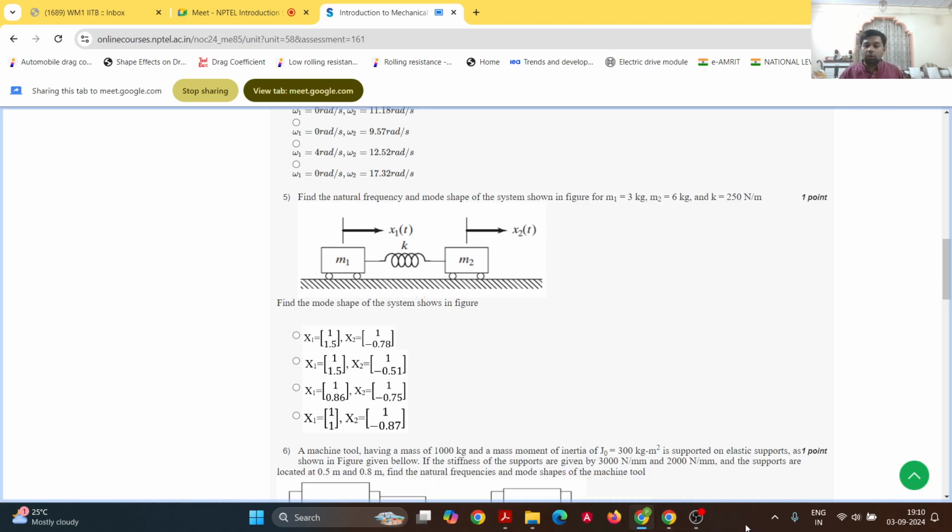Okay. So what I would suggest is we first go through today's problems, and I would also encourage you to refer to the textbook on mechanical vibrations by S.S. Rao. It has a good description of this.